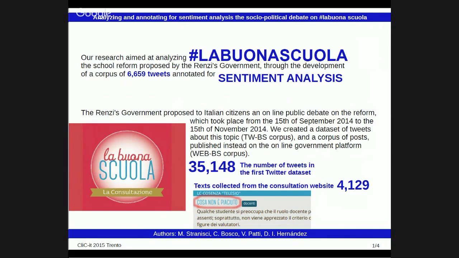One of tweets collected from the 15th of September 2014 to the 15th of November 2014, and a dataset of texts from the consultation website. These texts are very interesting because they were already annotated both for polarity and for topic, as you can see at the bottom of the slide. So we have two resources for comparison.